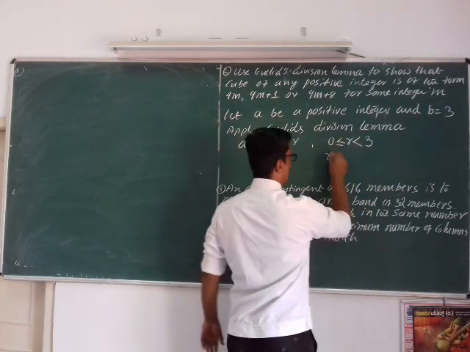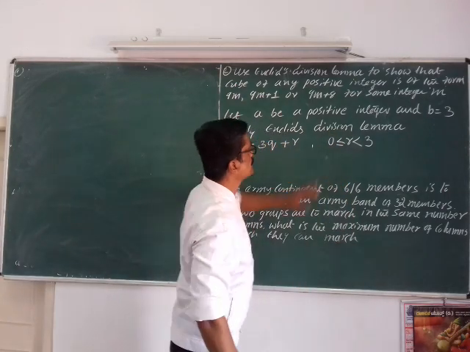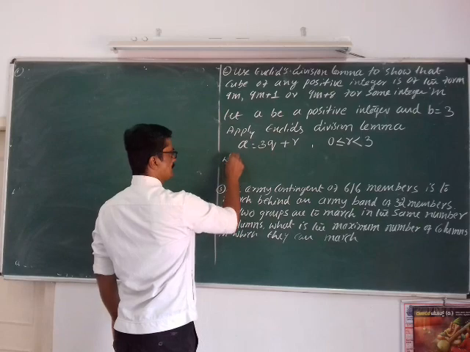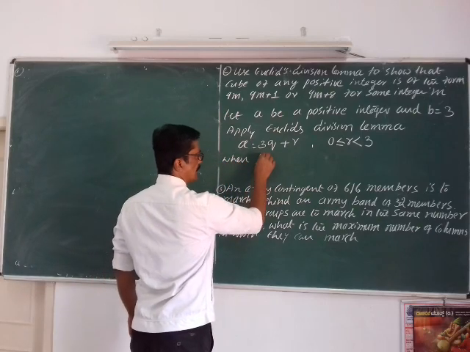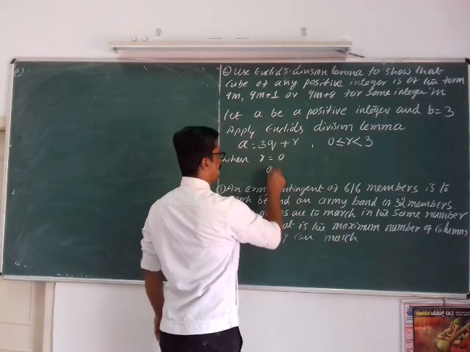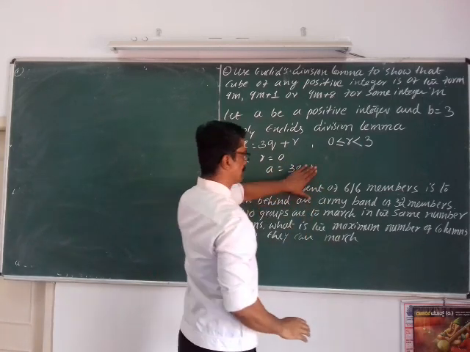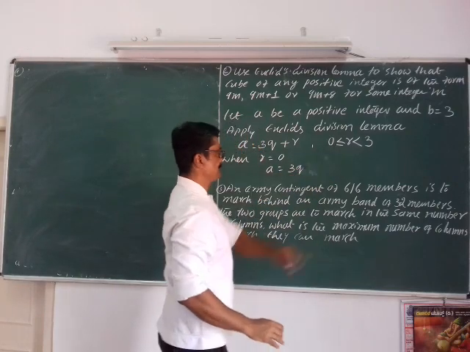That is, either r is equal to 0 or 1 or 2. So when r is equal to 0, a equals 3q plus 0. No need to write 0.